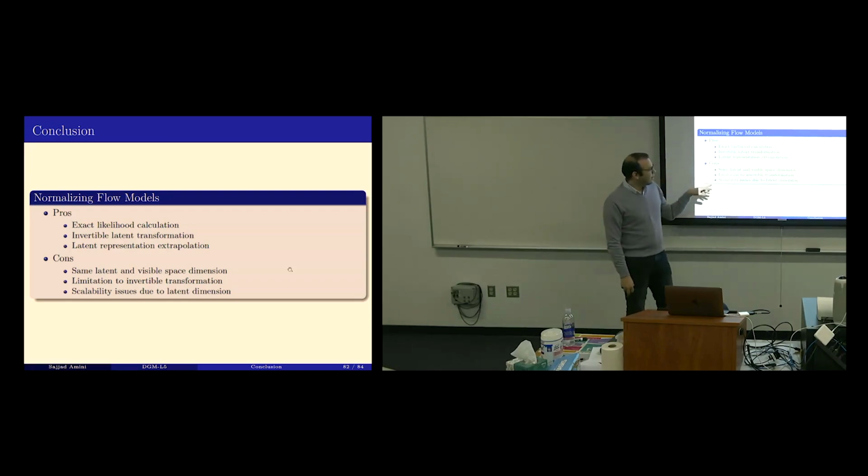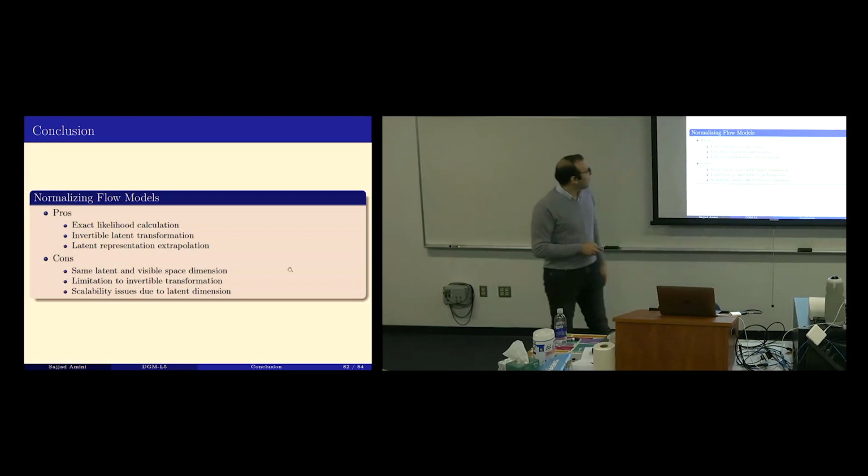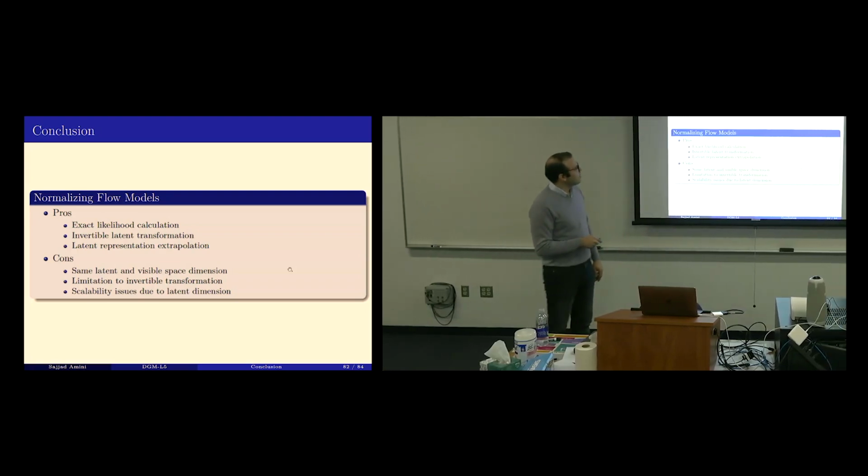And also the scalability due to the dimensions. You have a D to D transformation, D being the dimension of your observed data, and generally it is very large. Okay? And these are our conclusions about normalizing flow models.